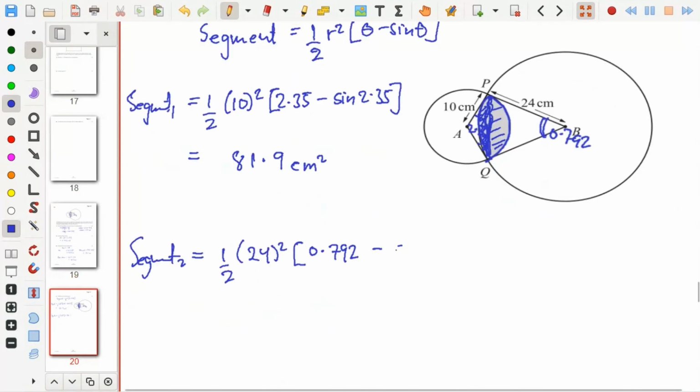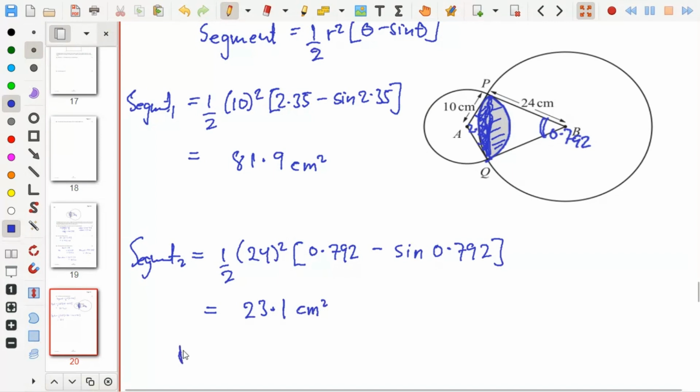Okay, just to be sure. It is. So what if you calculate for this one too? Let's see what you get. I'm getting 23.1.